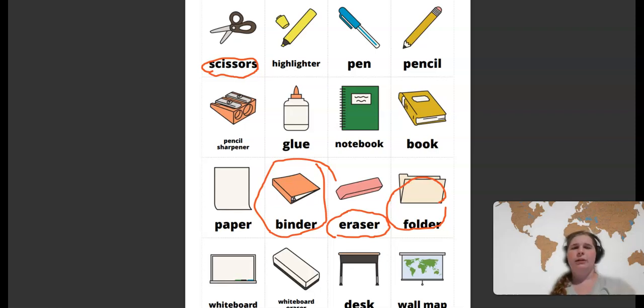What do I like to read? I like to read a book. What do I use to write on my homework?